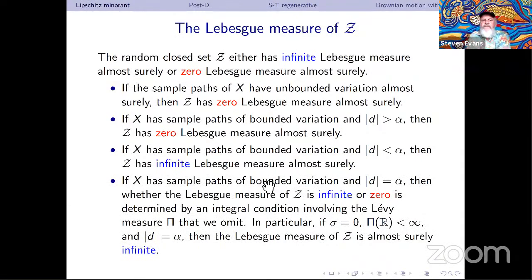And if the drift has magnitude equal to alpha, then whether the Lebesgue measure of Z is infinite or zero is determined by an integral condition involving the Lévy measure that I won't go into.